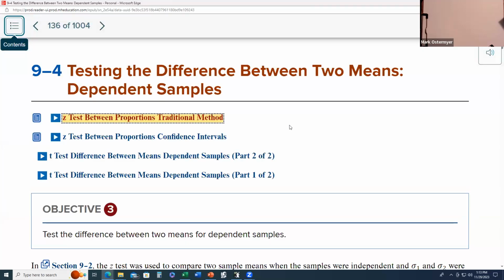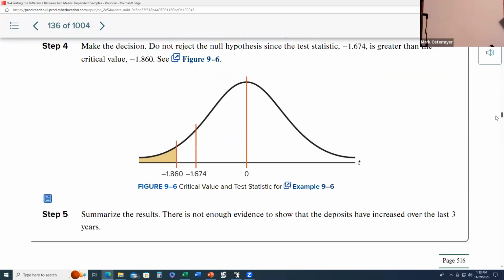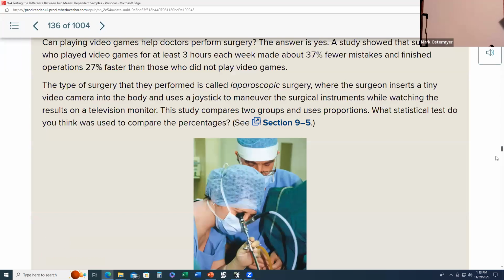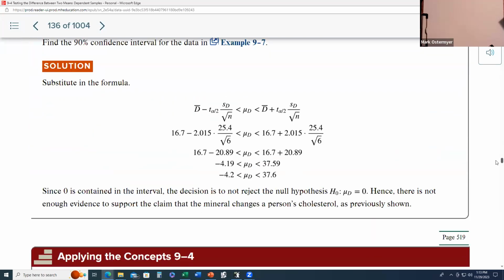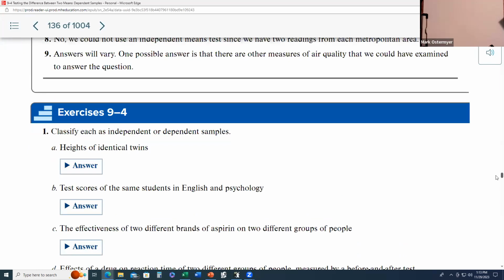That 9.4 is entitled Testing the Difference Between Two Means with Dependent Samples. You see, in 9.3, it was independent samples. All right. And you're always welcome to look down through the examples in your textbook. That would be a wise thing to do. That only enhances your understanding of what's going on. It does take time, though.